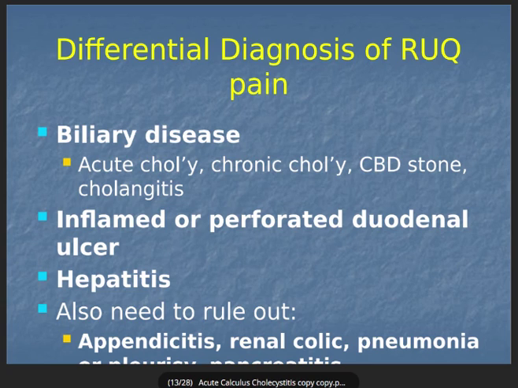Don't forget the chest. You can have right-sided lower lobe pneumonia giving you the same presentation. You can have appendicitis if it's a high riding appendix. You can have renal colic, pancreatitis. All of this is part of the differential diagnosis, which you will eliminate by taking a proper history and by doing a proper physical examination.